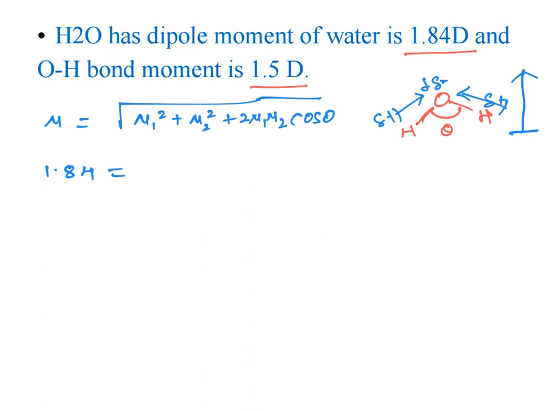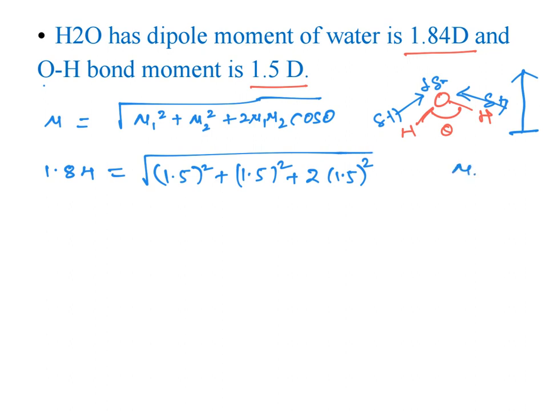The dipole moment of water is 1.84 D, and the bond dipoles given are 1.5. So 1.84 equals under root of 1.5 whole square plus 1.5 whole square plus 2 into 1.5 whole square, since mu1 and mu2 are equal, times cos theta.